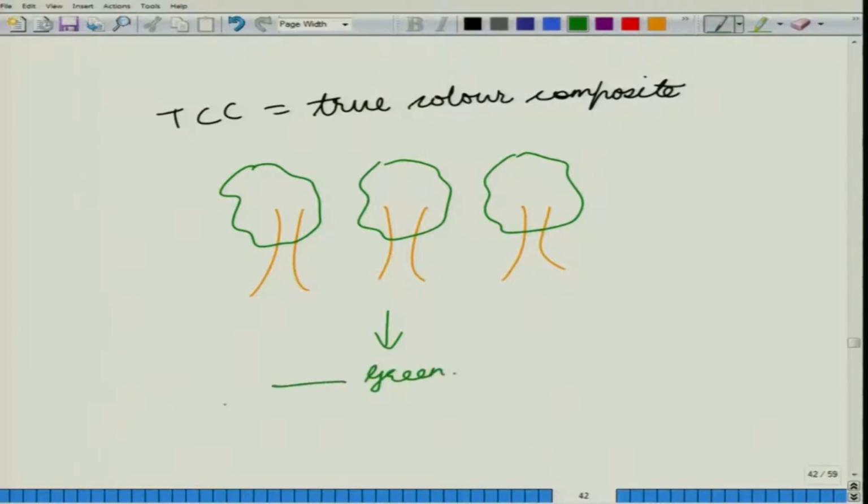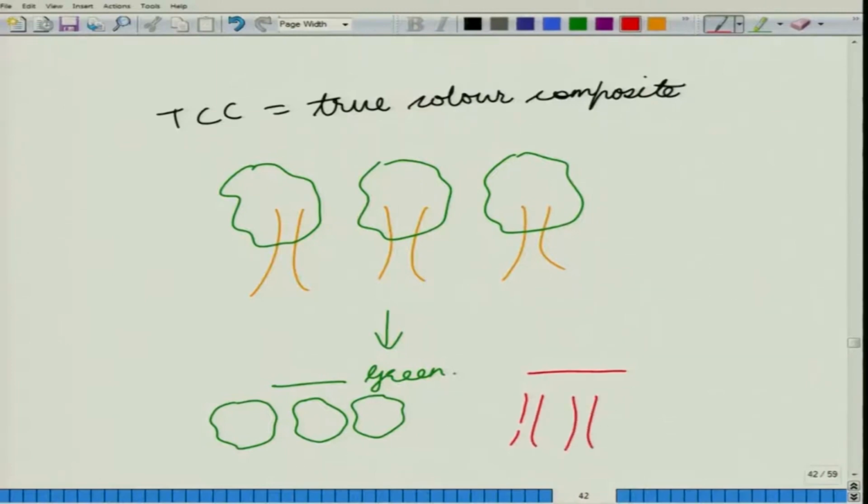What would it figure out? It will not be able to see the stems, it will only be giving us the green portions. Now, suppose you set your camera to look at red. In the case of red, you will be seeing some portion of the stems. Similarly, if you set it to look at blue, it might also be showing you some portions of the stem.